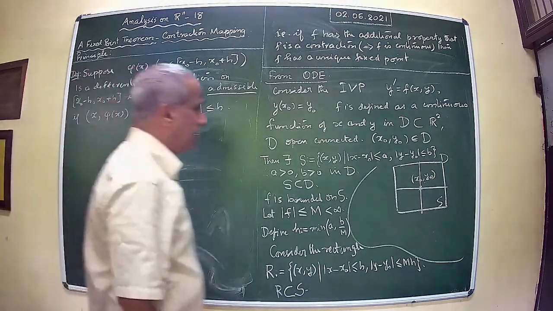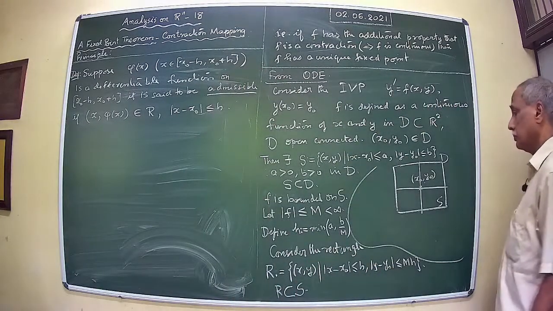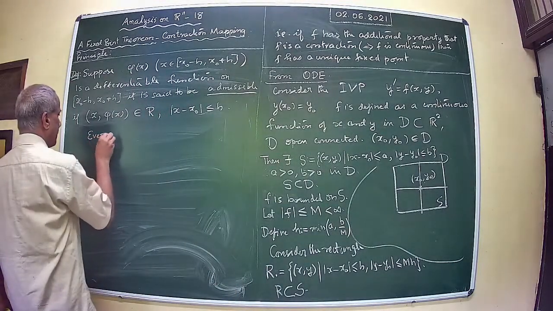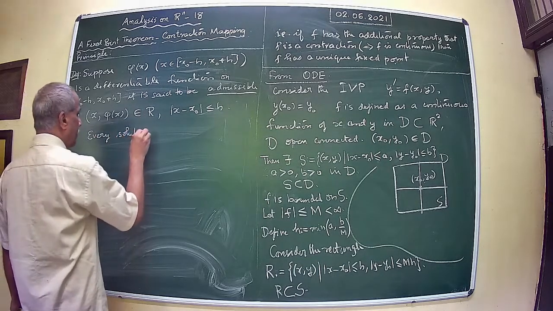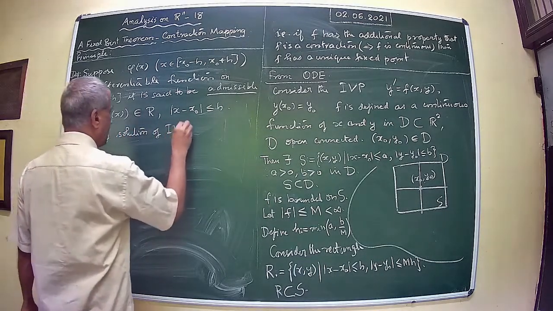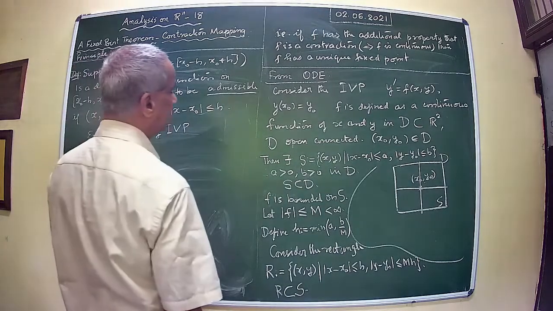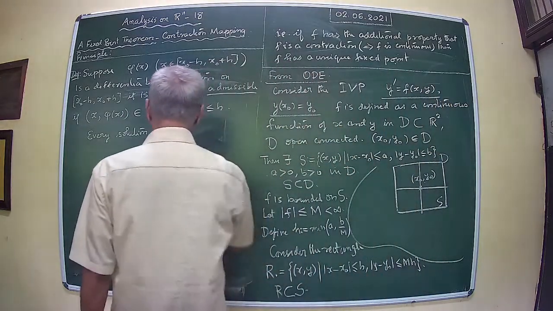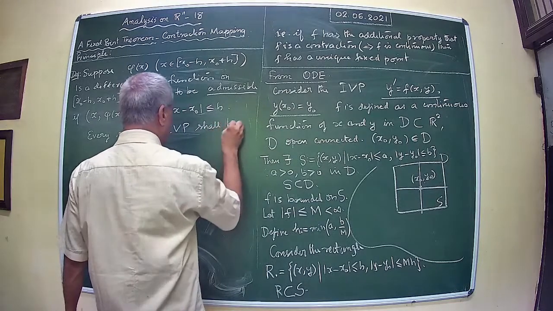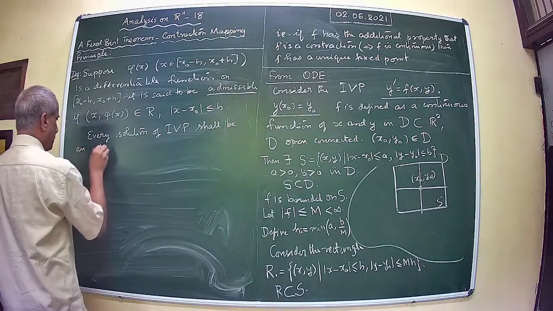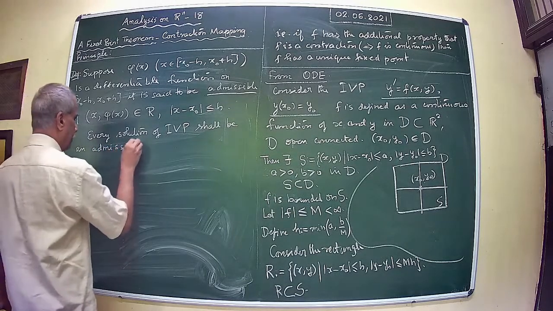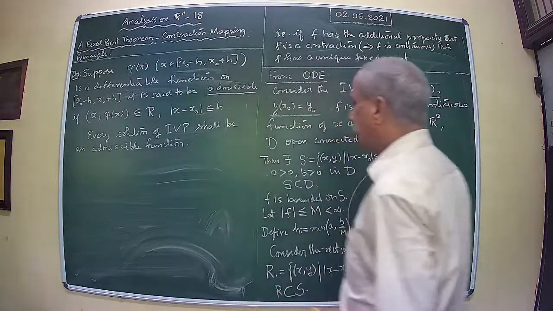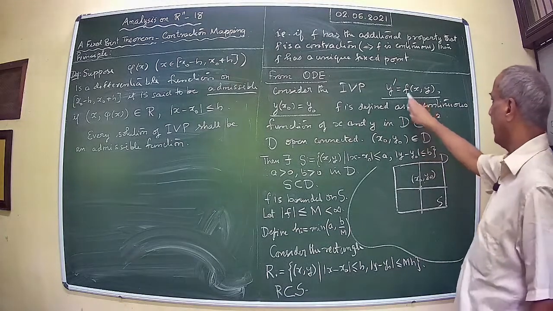So you see that if you are talking about the solution of the initial value problem, so every solution of the IVP has to be admissible, because then only you can compute f x, y.